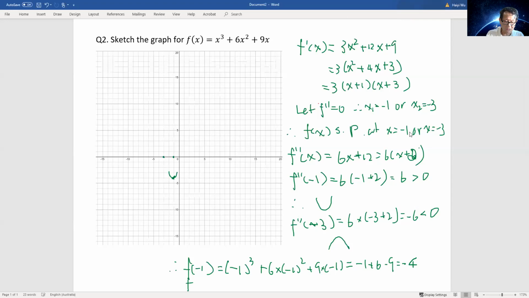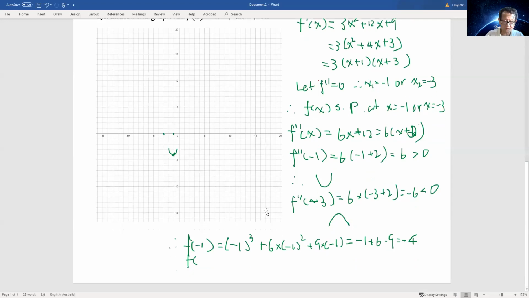The second one is y equal to f(-3), so we substitute -3 into the equation.